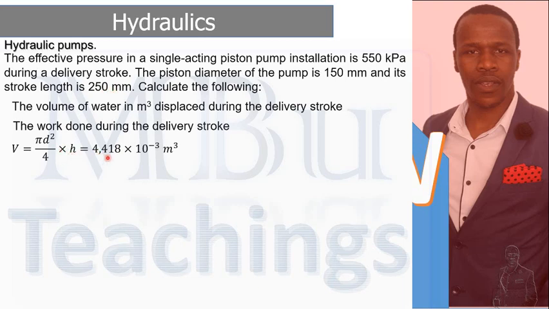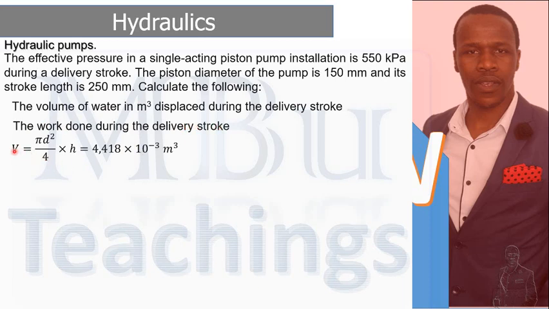And the answer will be 4.418 times 10 to the power minus 3 meter cubed. We have found our answer, and we have satisfied our answer because it says we should find the volume in meter cubed. Then the second question says the work done during the delivery stroke.